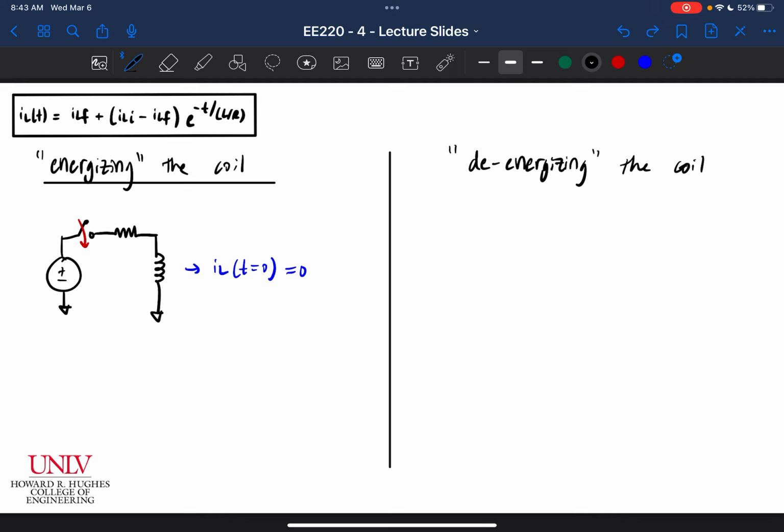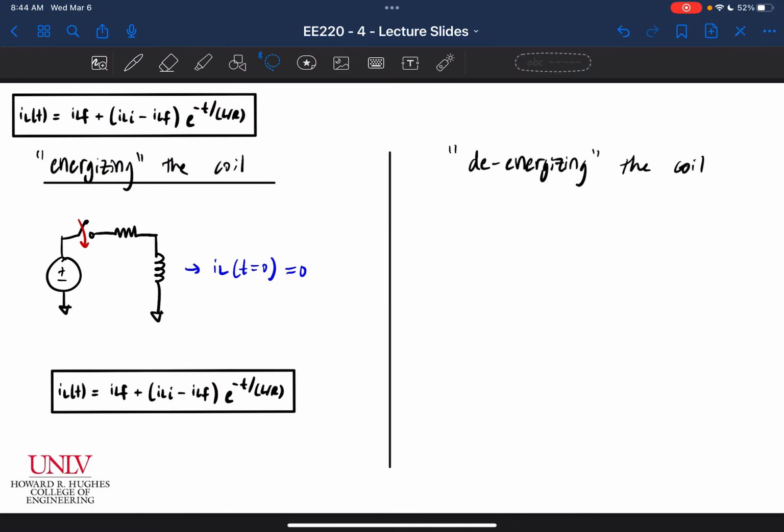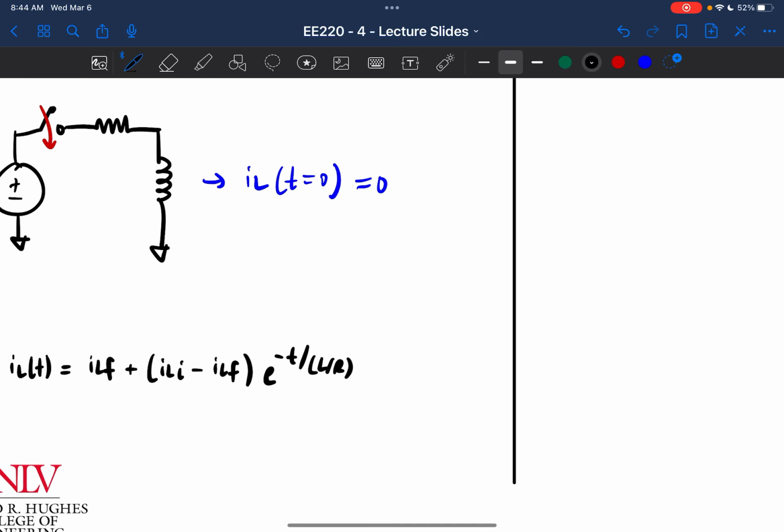Okay? And so if I can sit here and reason about this, and I know that my initial current was 0, then I can take the Fife equation here, just as it is. What I can do is notice that in the energizing case, my initial current is 0, so this goes to 0.